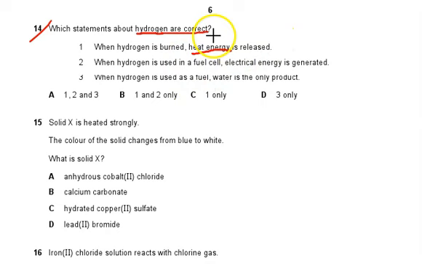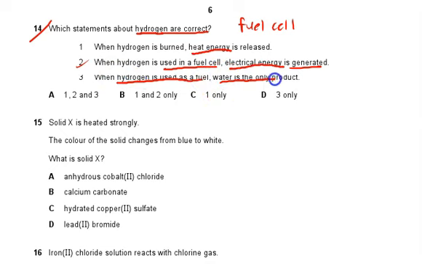You can say that because hydrogen will be used in the fuel cell, right? Fuel cell. And number 2, when the hydrogen is used in a fuel cell, electrical energy is generated. Yes, correct. And when hydrogen is used as a fuel, water is the only product.